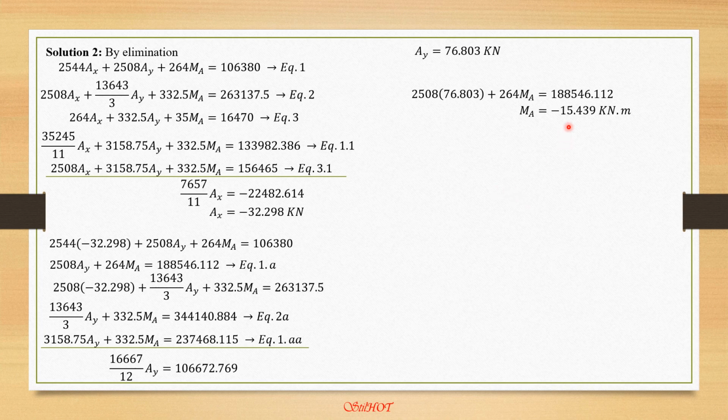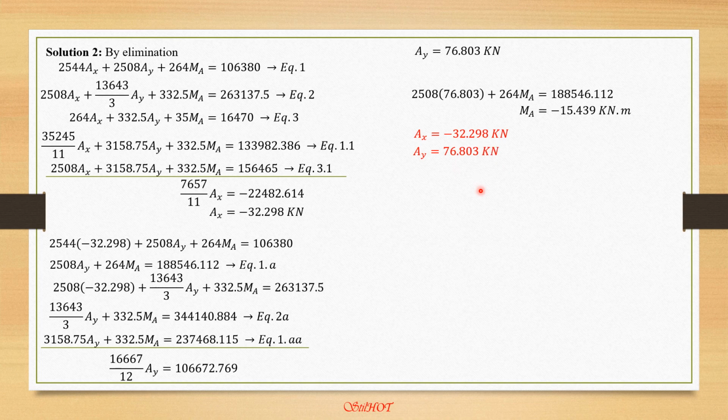So there's a very small difference to our previous answers, and that is acceptable because the method is different and we have new rounded off values or new decimal values here, as long as the answers are very close. So that's acceptable. So AX is negative 32.298 for this method.